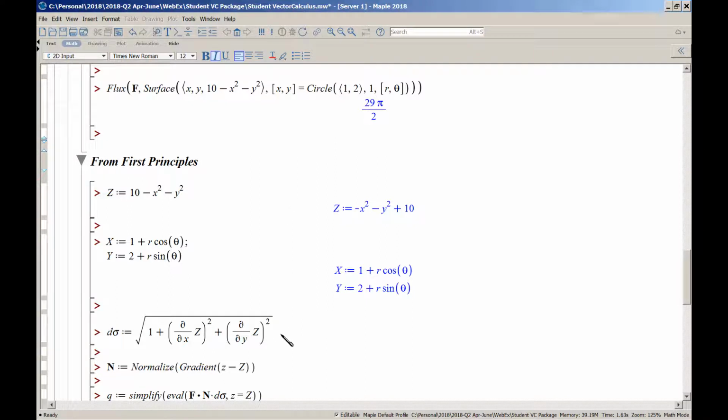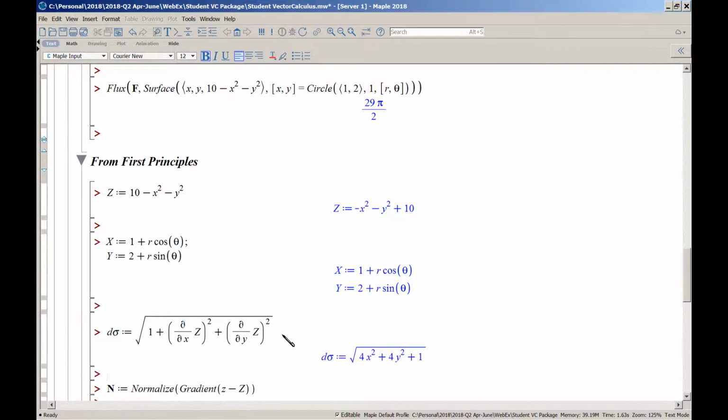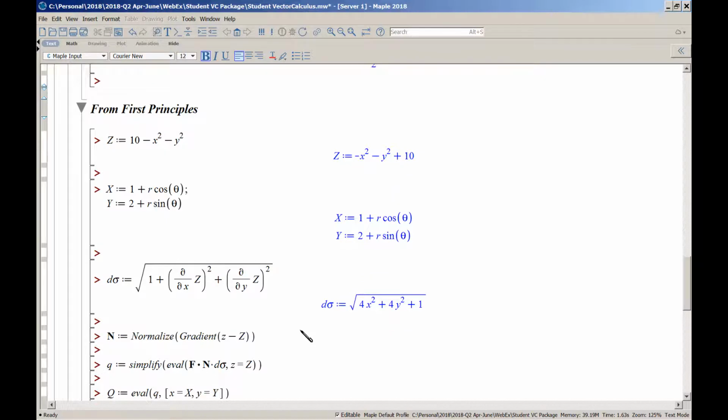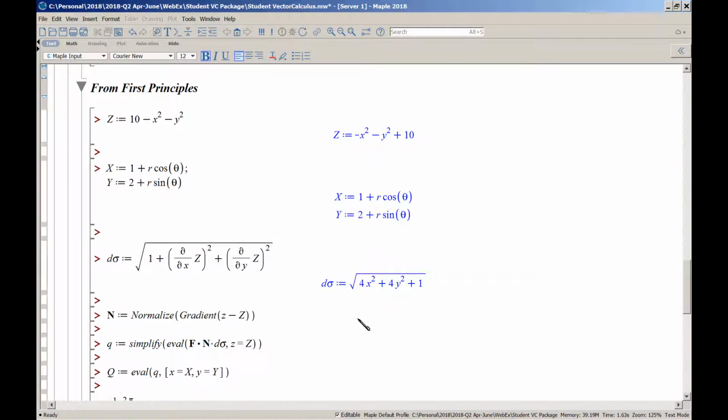Ordinarily there is a dA, which would be either dx dy or dy dx, but Maple does not have a concept of differential when it implements an integral. The differential is in the int command. So although I'm calling this d sigma, it's d sigma short of the differential that should be tagged on.